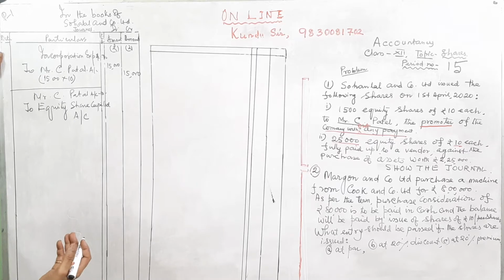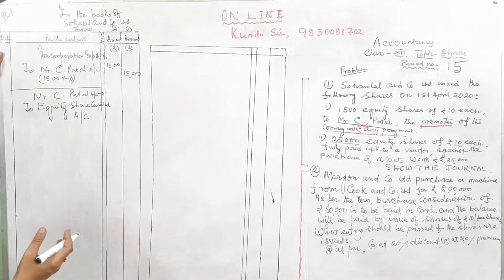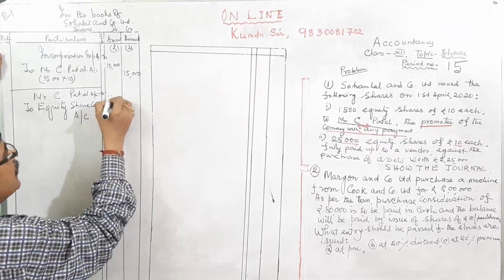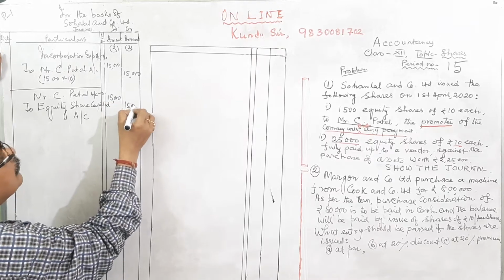But if both shares are running simultaneously in the company, then we should mention equity share capital or preference share capital. So it is 15,000 and also 15,000.